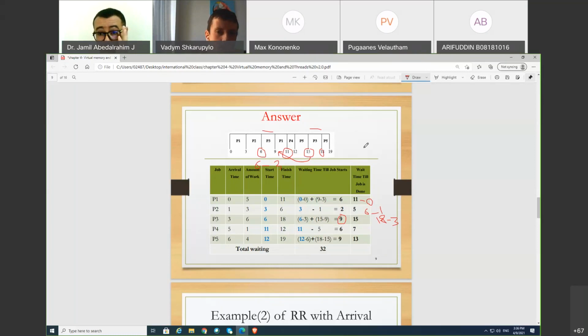We have on the picture P1, P2, P3. Under P1, P2, P3, we have numbers 0, 3, 6. It's the quantum time. Quantum time is a period, as I understood it.